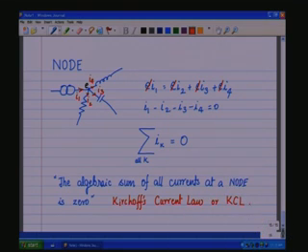So, KVL and KCL, Kirchhoff's voltage law and Kirchhoff's current law, are two of the most important laws that you will be using in almost all circuit analysis. And we will of course see how we try to use these two laws in the analysis of electric circuits.